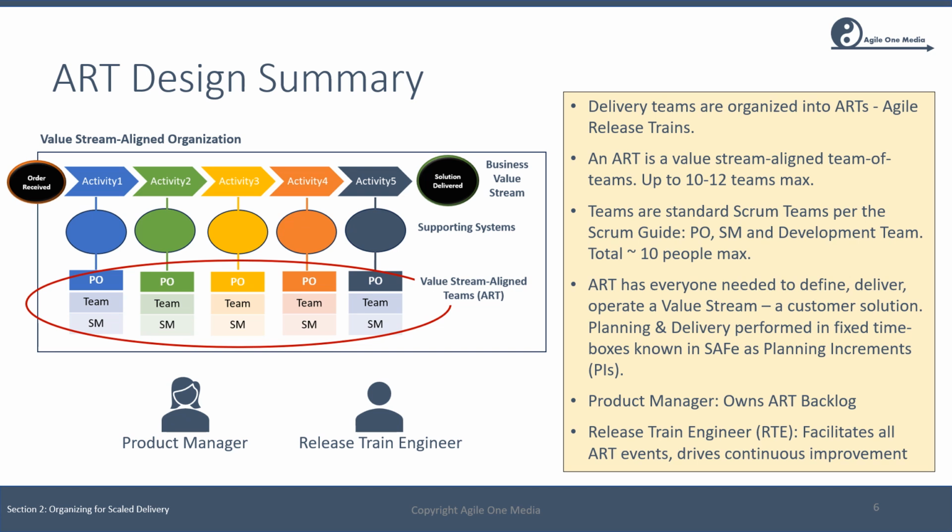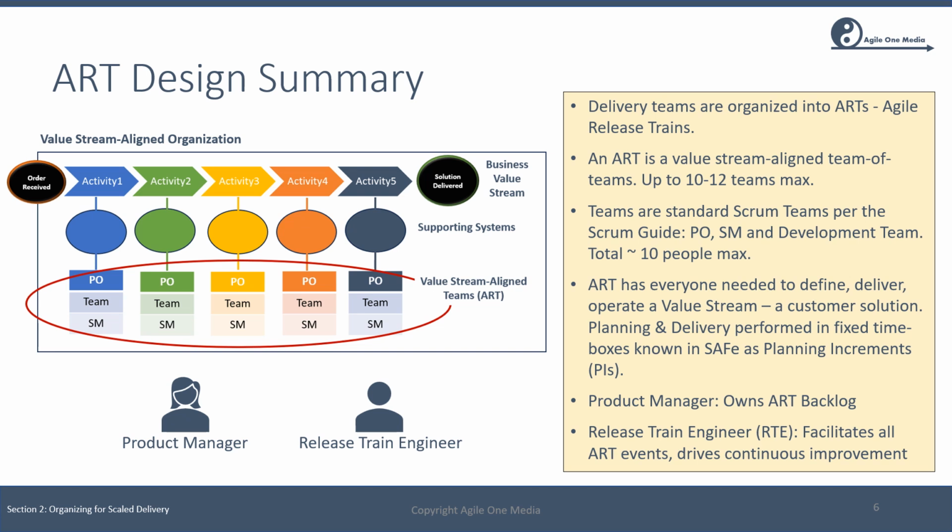That is, each team will have a product owner, Scrum Master, and a development team with up to a total of around 10 people maximum on the team. An ART has or should have everyone needed to define, deliver, and operate a value stream. Planning and delivery is performed in fixed time boxes known in SAFe as planning increments or PIs.